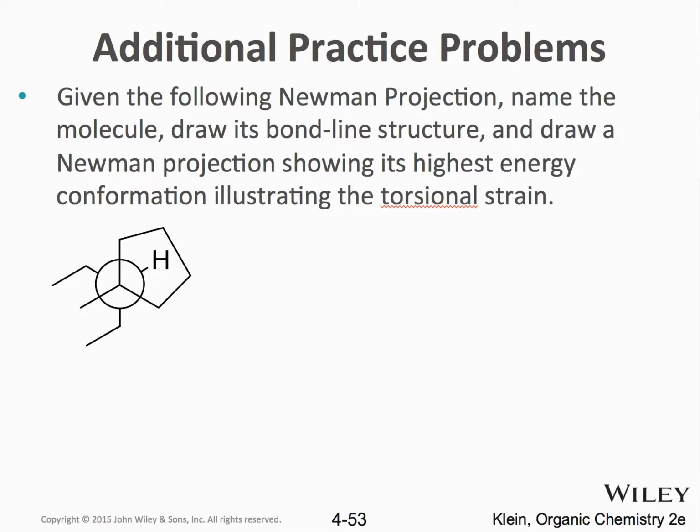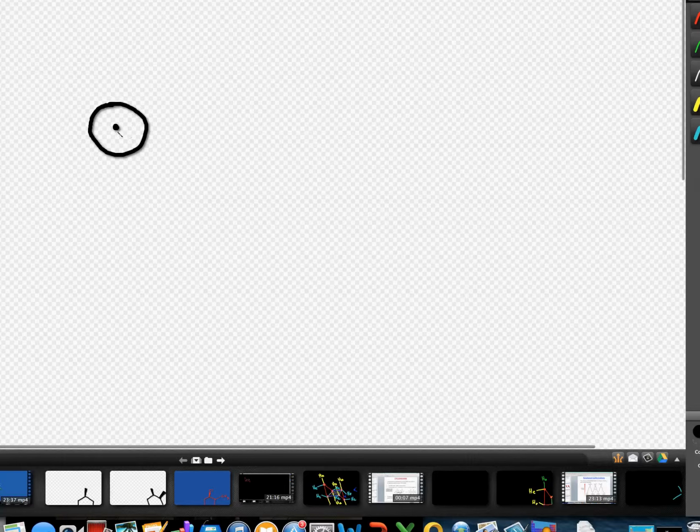So our first step will be to go ahead and open a new one. And I'm just going to draw the same Newman projection that was provided on slide 53.